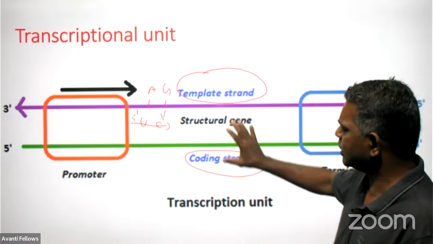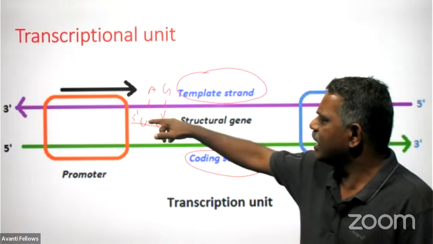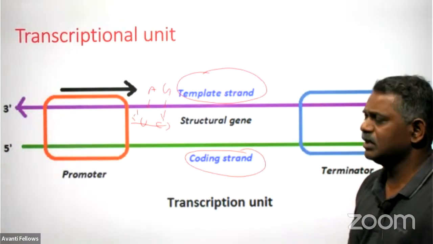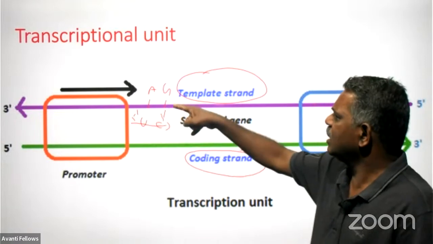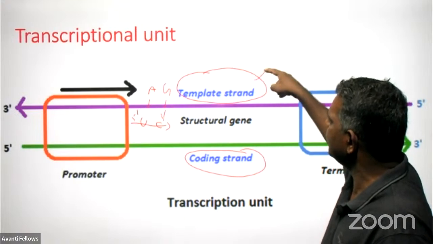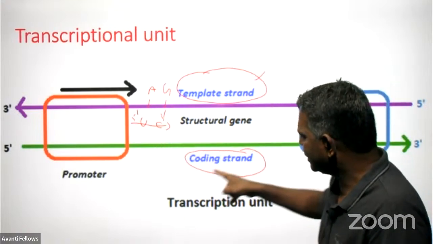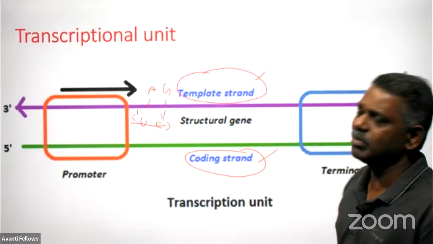Actually, the coding strand has no role in determining the chemical nature of the RNA synthesized. But this newly constructed RNA, made between these two strands by considering the template strand, has a sequence exactly like the coding strand, because these two strands are complementary.